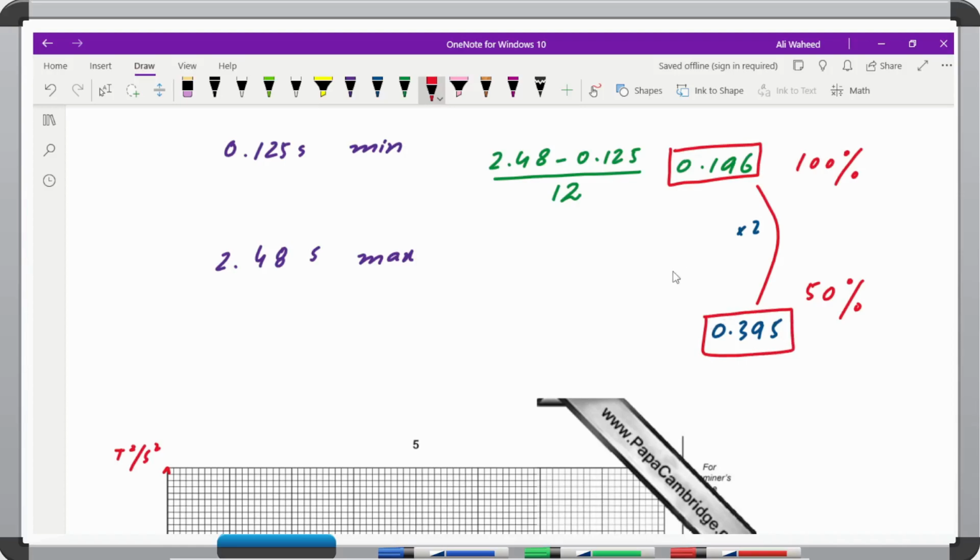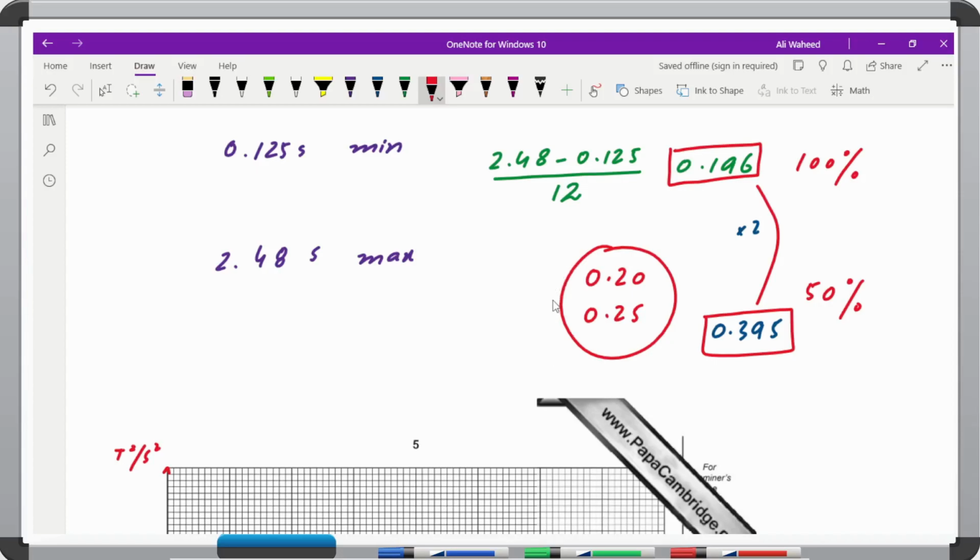You can go with 0.20, which would be in the middle of these two, or you can go with 0.25. In that case, you will be using the axis between 50 and 100%, probably something like 60 or 70%. What does that mean?